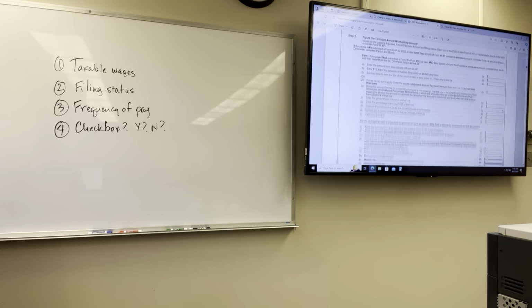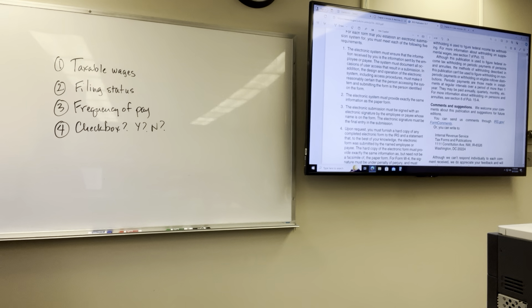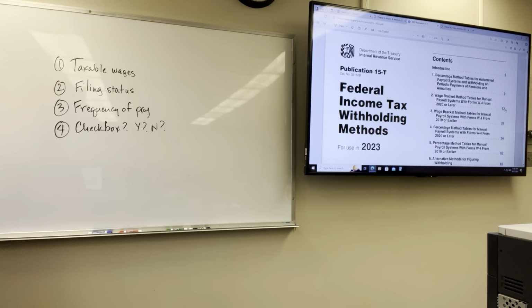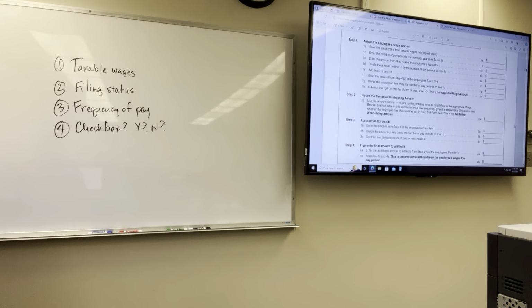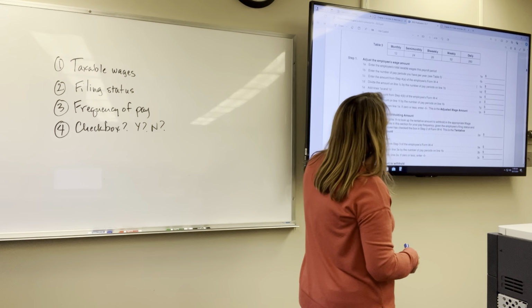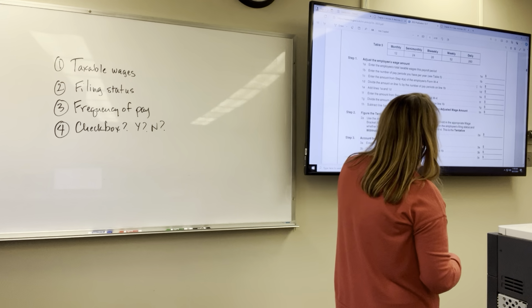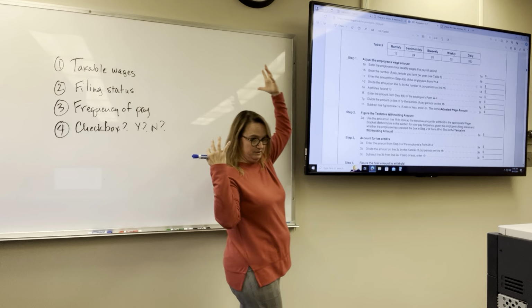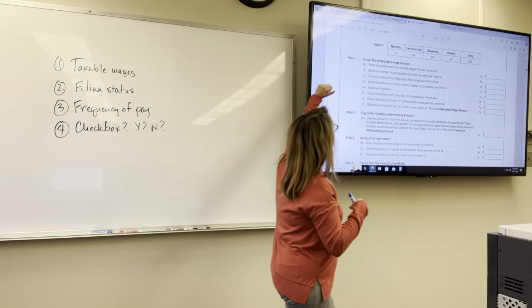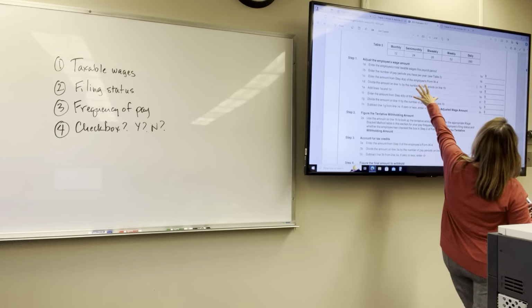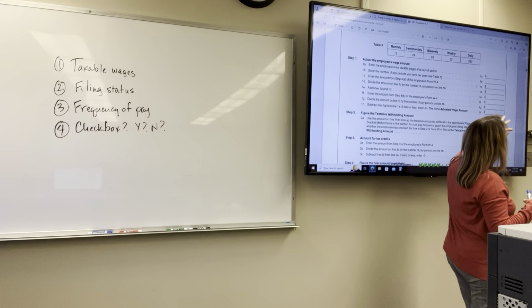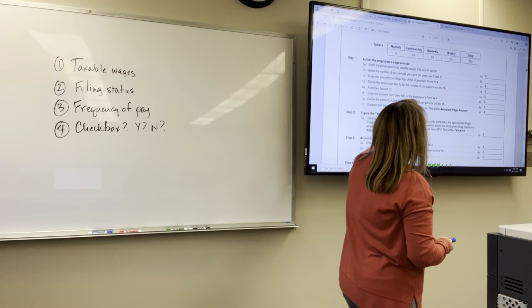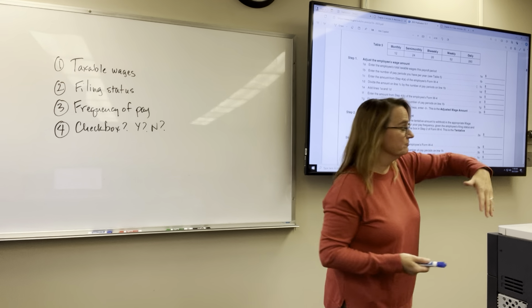I'm getting ahead of myself here. If you go through this table line by line, it will take you through all of the steps and help you determine that adjusted wage amount. We just came up with the adjusted wage amount, but this would help you calculate it if necessary, using the W-4 form as well.